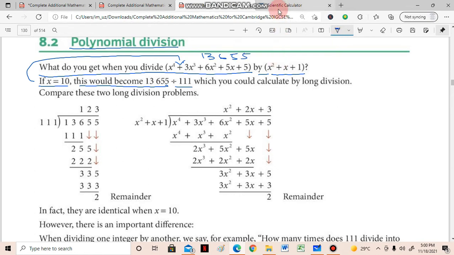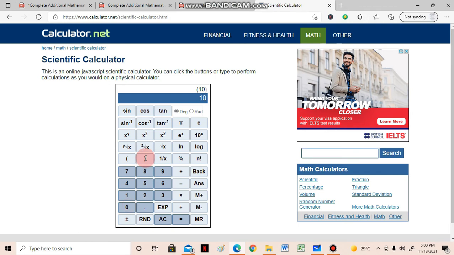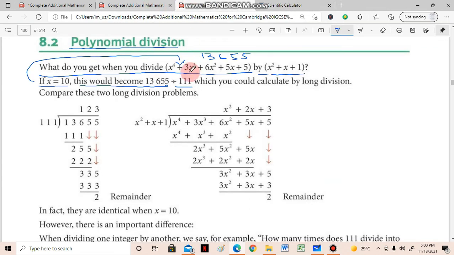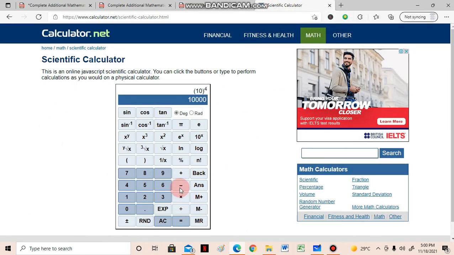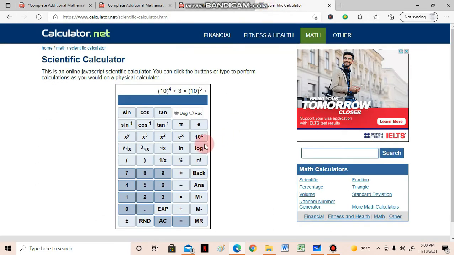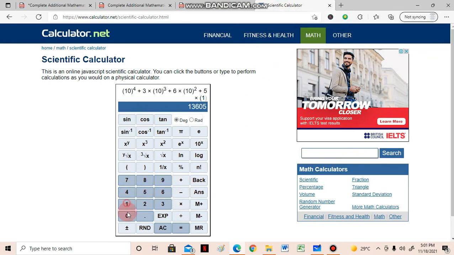We have x to the power 4, so that means 10 to the power 4, and then plus 3x cubed, that means plus 3 multiplied by 10 cubed. Then 6x squared plus 5x plus 5, so plus 6 multiplied by 10 squared, plus 5 multiplied by 10, and plus 5.